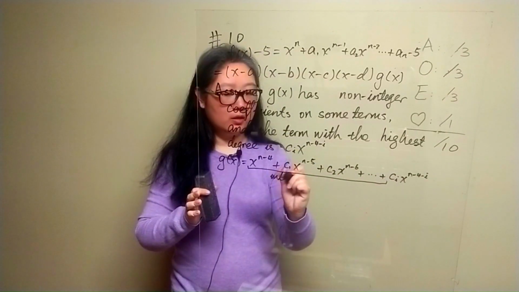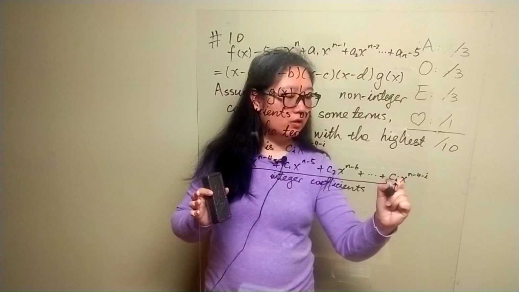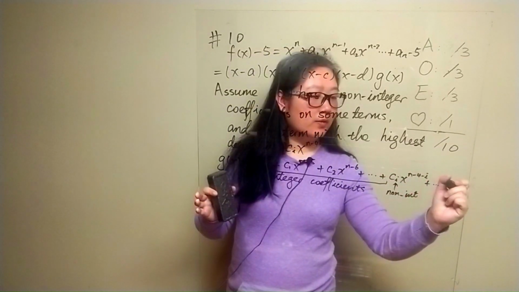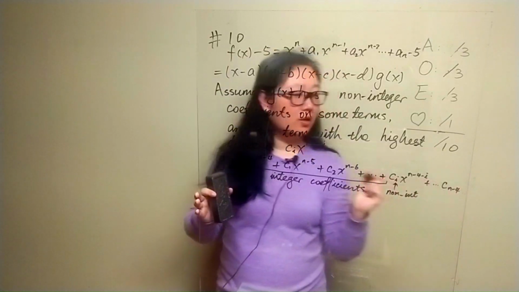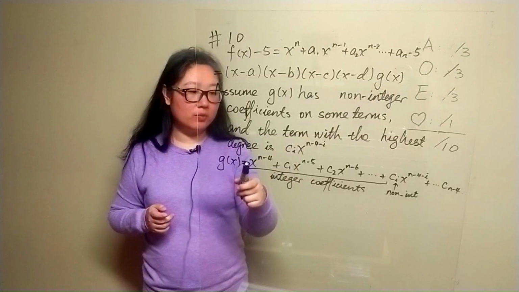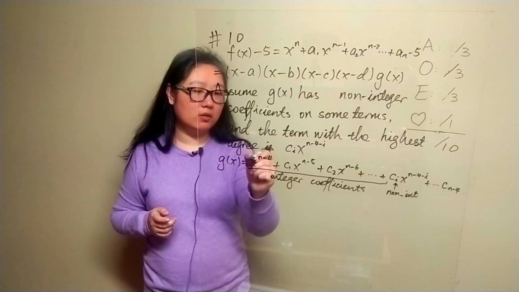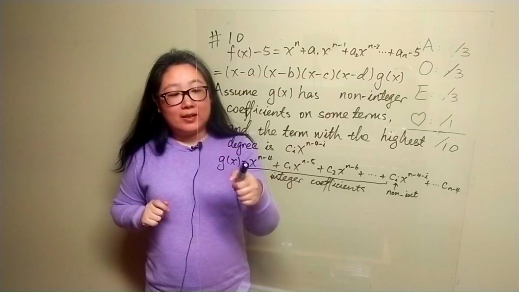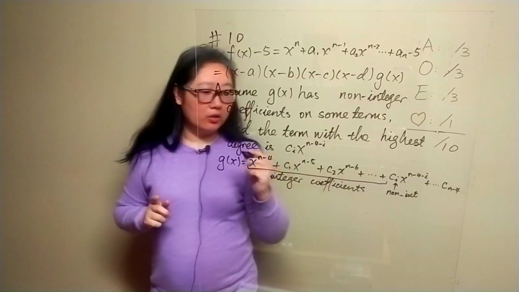These are integer coefficients, and that's the first non-integer. Plus, what's the last one? c n minus 4 is the constant term. We know that there are integer coefficient terms leading because the first term has coefficient 1. And so there's at least one term with integer coefficients in front of the non-integer one.